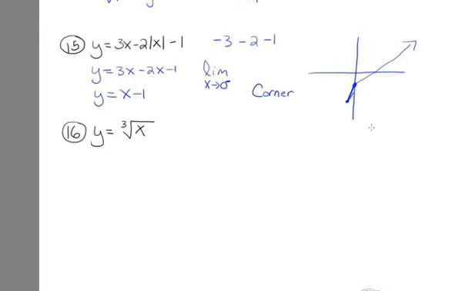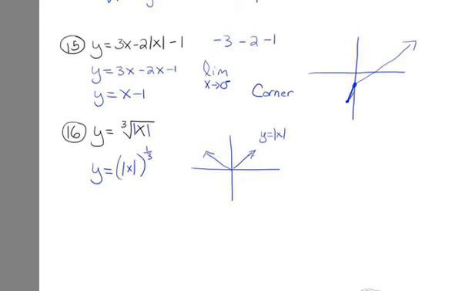And then we get to 16, which I've written wrong here. It's actually the absolute value of x. And so I think maybe the best way to approach this one would be to look at this as the absolute value of x raised to the 1/3 power. And so we know that the absolute value of x graph is a V, and then any number raised to the 1/3 power makes it smaller.